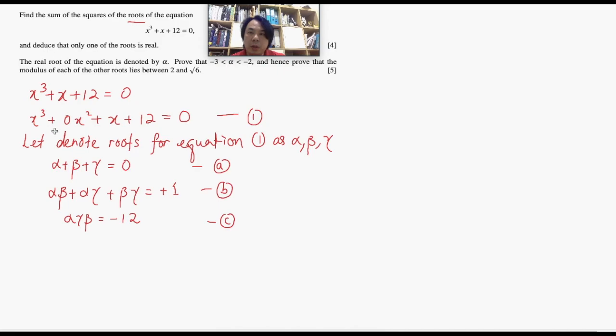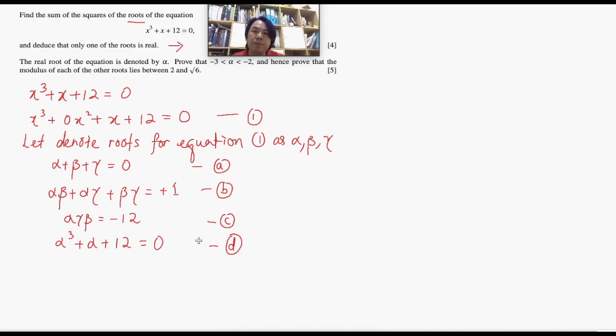By assuming that alpha is one of its roots, we can directly conclude that alpha cubed plus alpha plus 12 is equal to 0. This is the extra property that we can have. Whether we need all of these properties to deduce the first section, we're going to check.